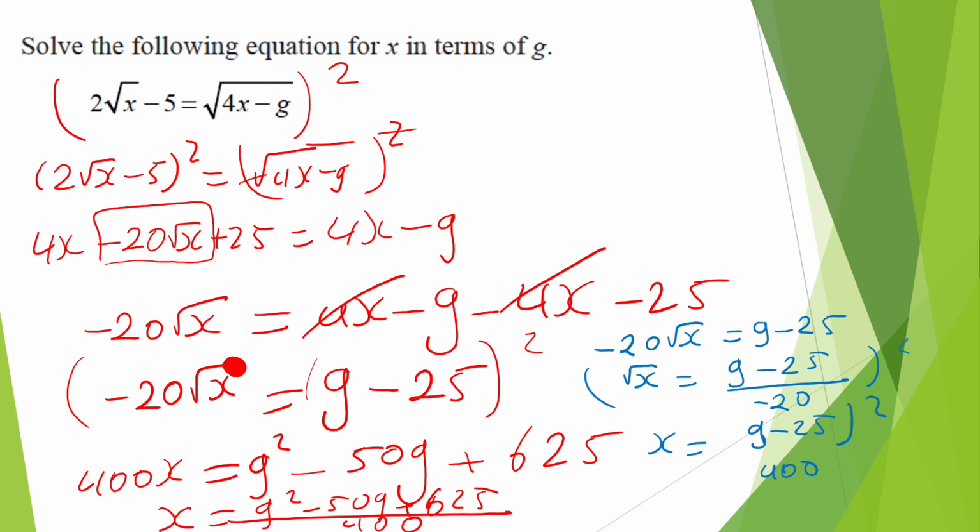Or you can even keep the negative 20 and just write it like that. That's it, you don't even have to expand. So in the red I've expanded, and in the blue I didn't expand, I just rearranged.